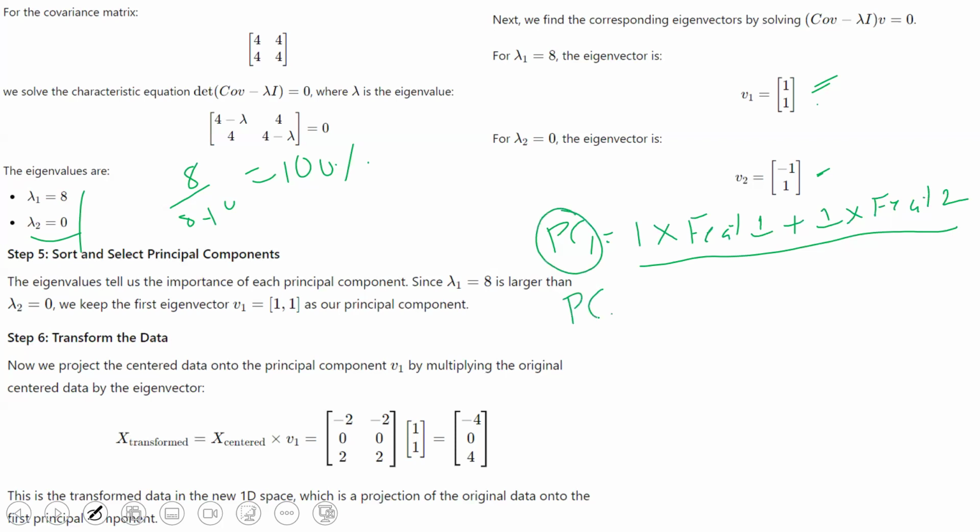Principal component 2 is written as minus 1 into feature 1 plus 1 into feature 2. That is how we represent it when you get the eigenvectors. The 1 will be multiplied with the first feature and the other with the second feature, second dimension. That is the linear combination of the data.